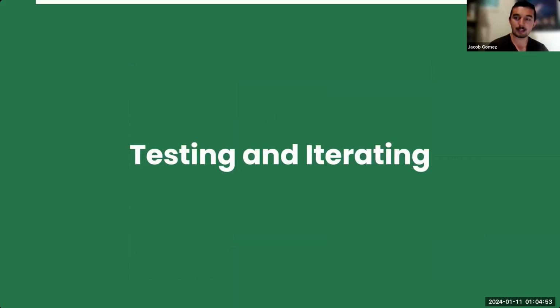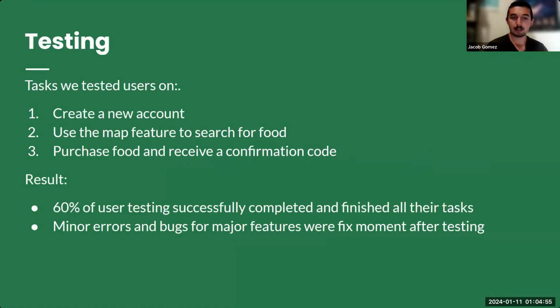After that, we began testing and iterating. We tested each user with 3 tasks, such as creating a new account, using the map feature to search for food, and purchasing said food and receiving a confirmation code. 60% of our testers were successful in completing all the tests.